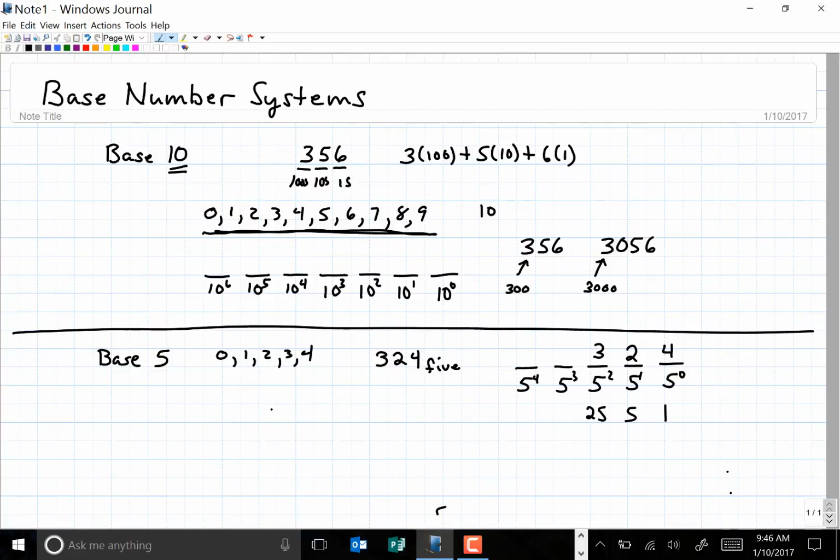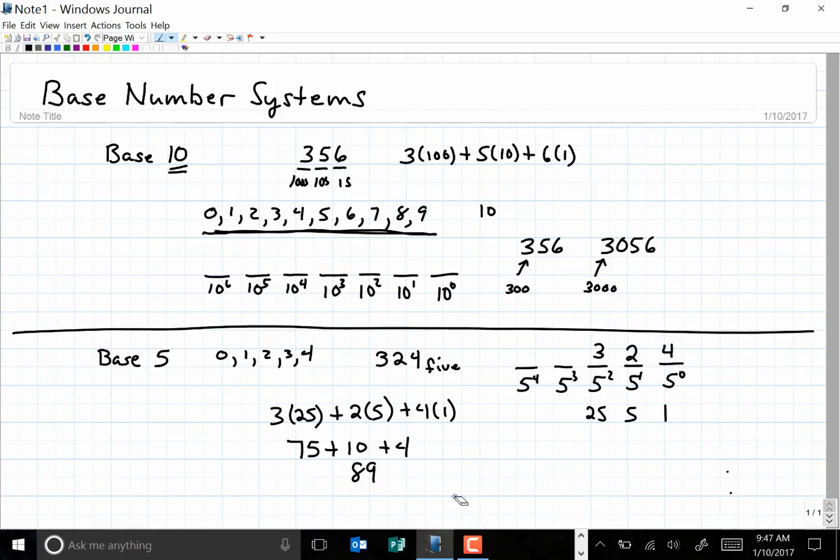So I have 3 25s, and I also have 2 5s, and I also have 4 1s. So in base 10, this number would be 75 plus 10 plus 4, or 89.